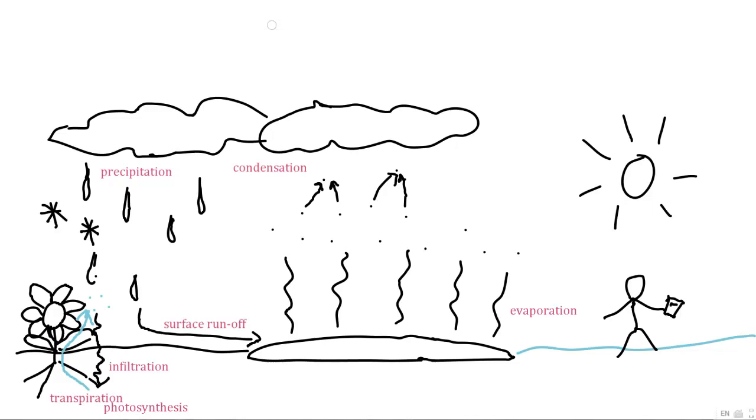All living organisms need water, so water goes in, but when we exhale carbon dioxide, as you'll learn in the carbon cycle, we also exhale water vapor.